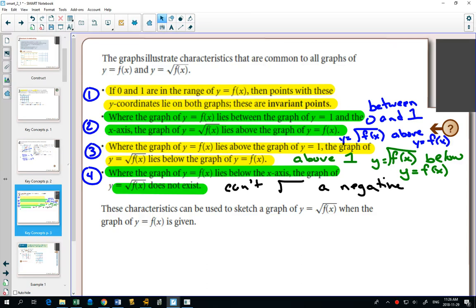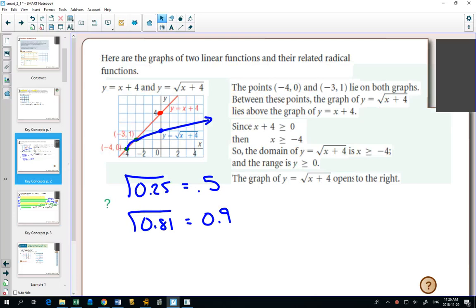So let's look back at these 4 key characteristics and see if they showed up in our first example, and we'll look at a second example as well. The blue one is my square root graph. The red one is the graph of the function inside. Are the points 0 and 1 the same? Yes. When the y values are between 0 and 1, my blue graph is slightly above my red graph.